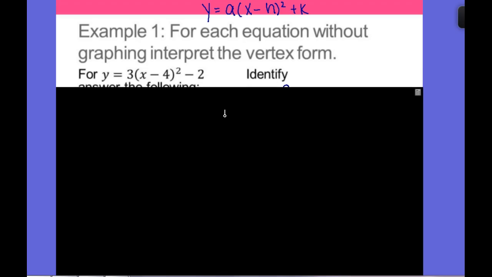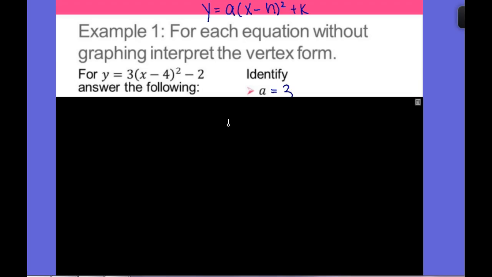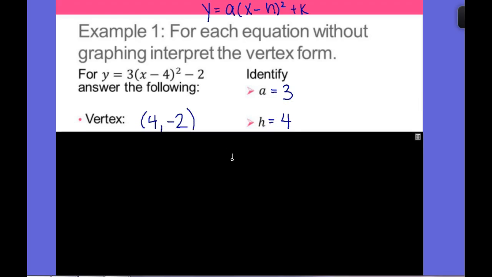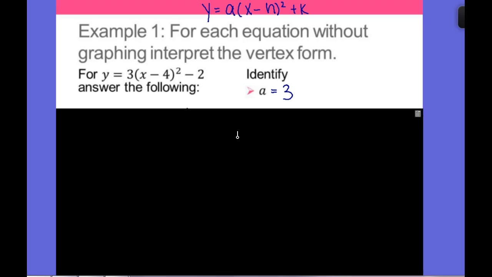Okay, so what we're going to do is interpret the movements of our graph without graphing it until we get through all of the key pieces of information. We're always going to start with identifying our a, h, and k. The a value is 3 because it's what's in front of our vertex. My h value is a positive 4 because the formula is x minus.